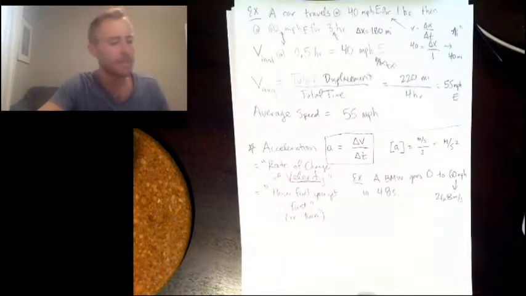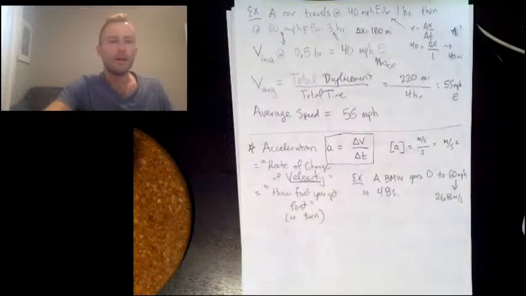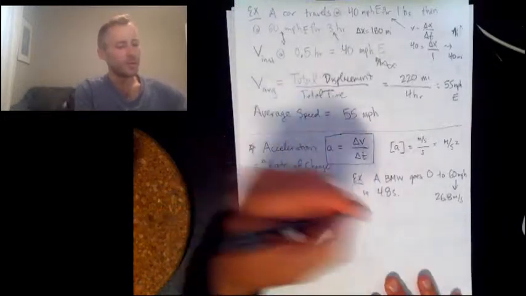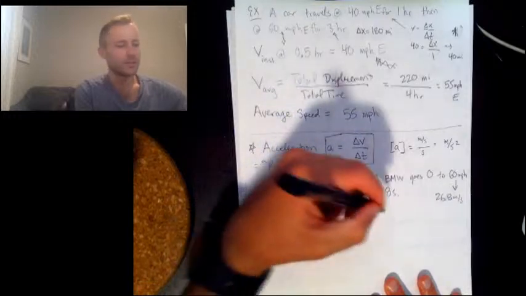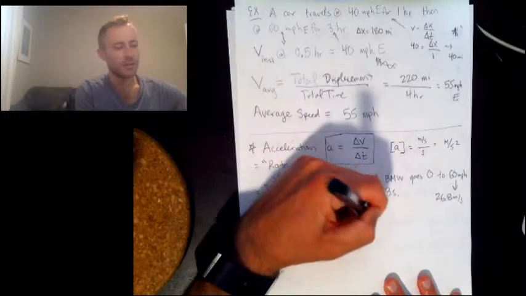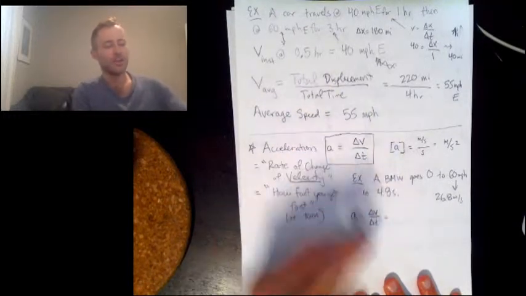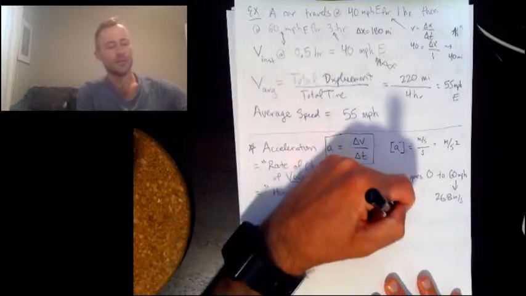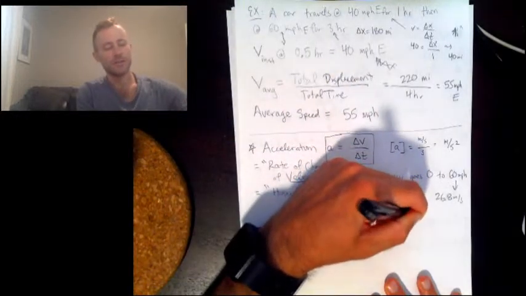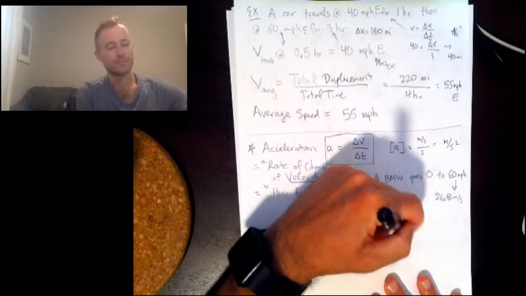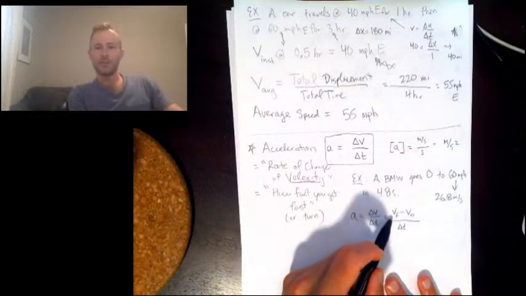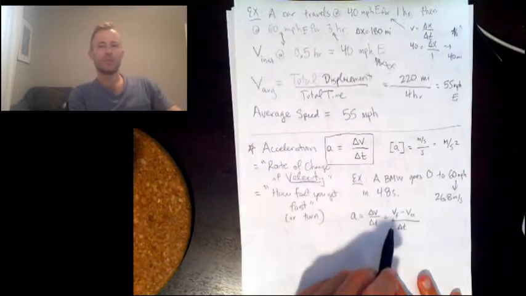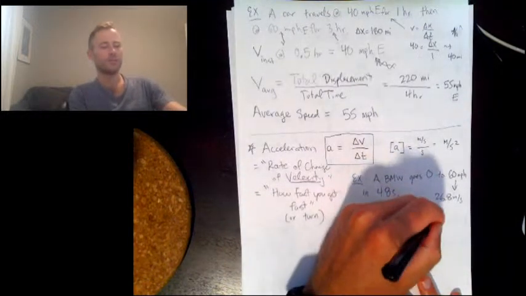All right. So now I'm going to use the formula. Acceleration is change in velocity over change in time. Change in velocity means final velocity minus initial velocity. So the final velocity was 26.8 meters per second.